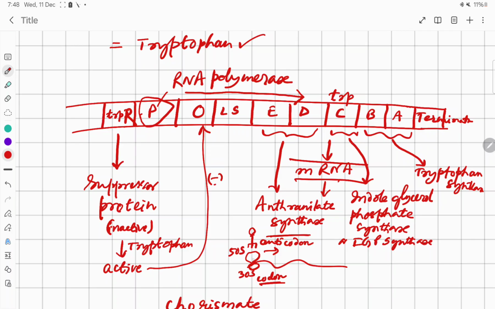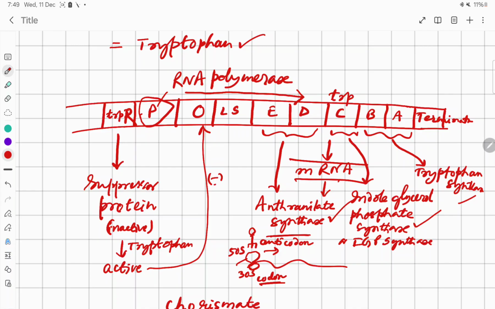This tRNA will come to the 50S subunit, and there will be supply of amino acid one by one, and there will be synthesis of proteins like these enzymes. So first there will be movement of RNA polymerase, then there will be movement of the ribosomes, and in this way all this protein synthesis occurs.